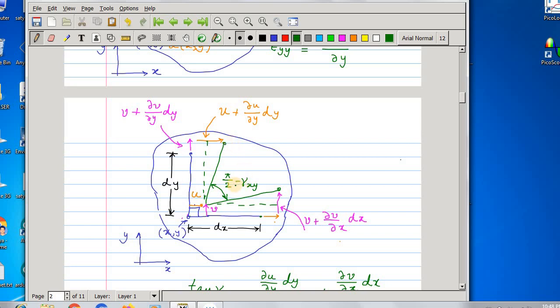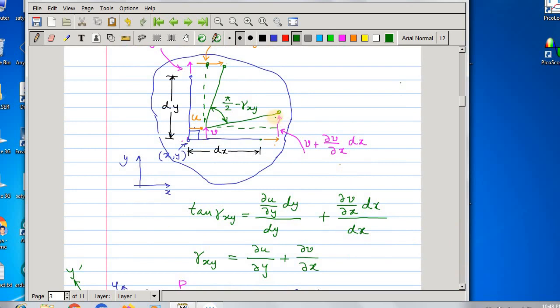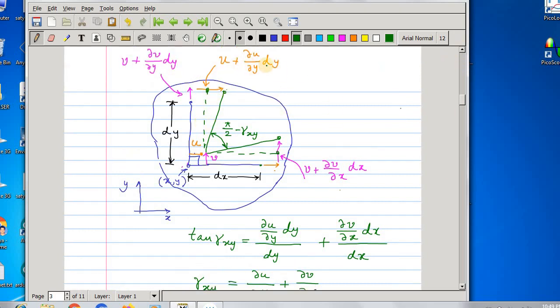Now how much is from here to here? From here to here it is del u del y dy, and from here to here it is del v del x dx. So what is tan of this angle? It is del u del y dy divided by the base, which is dy.